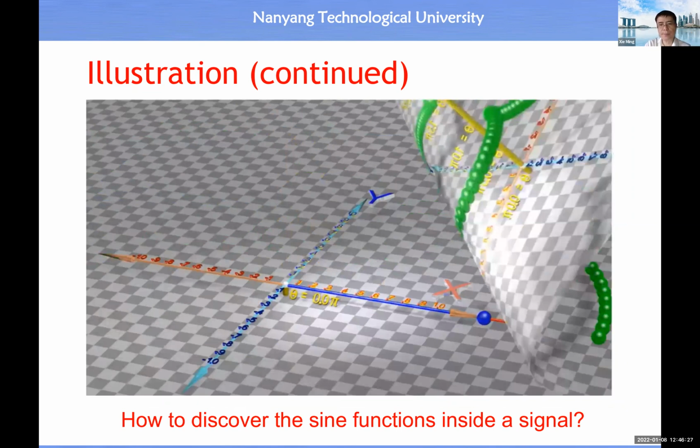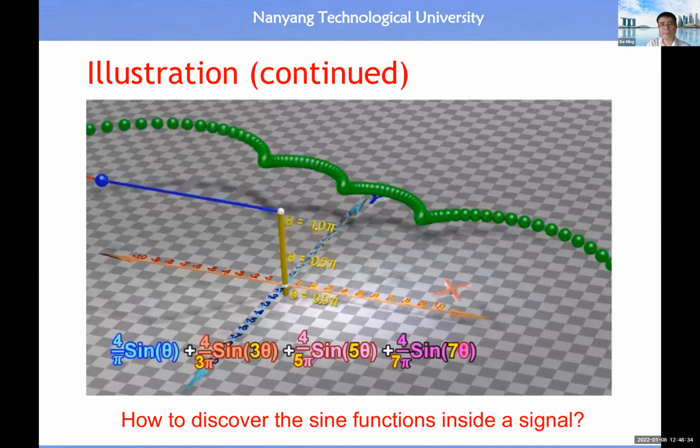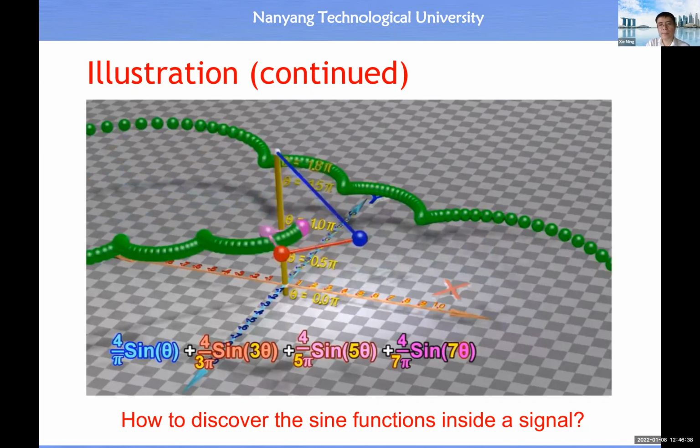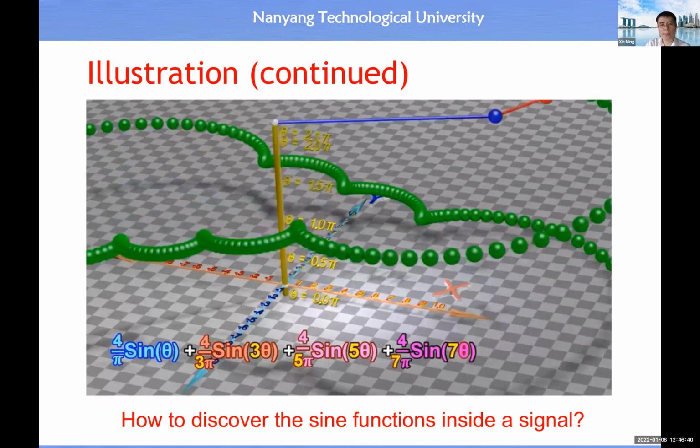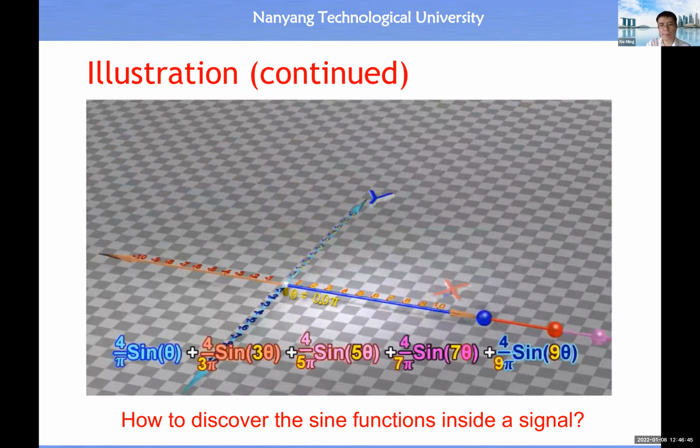We can add together four sine waves. We can add together five sine waves.